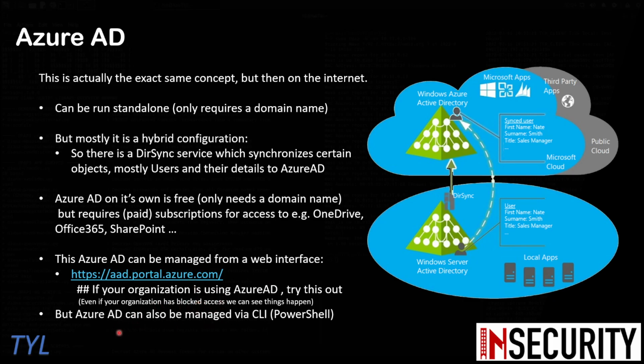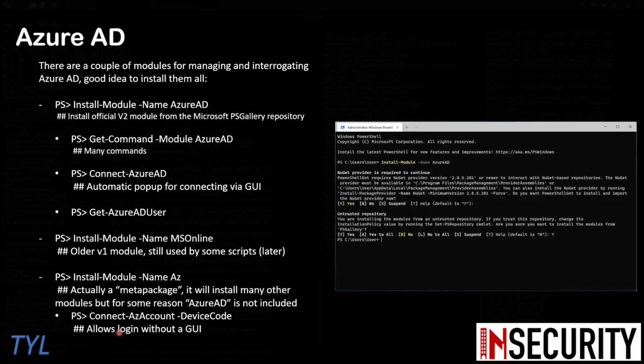However, just like with normal Active Directory, you can also manage and enumerate Azure AD via the command line interface, which is usually PowerShell. So it looks like this. We're almost through the slides. Something I love to prepare beforehand is to install these modules.